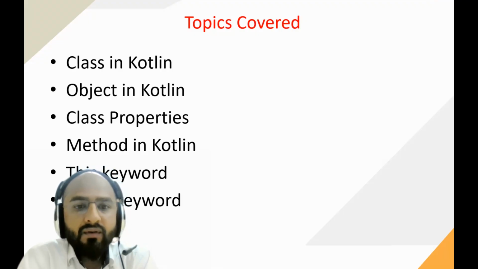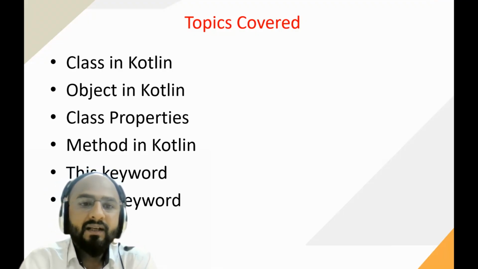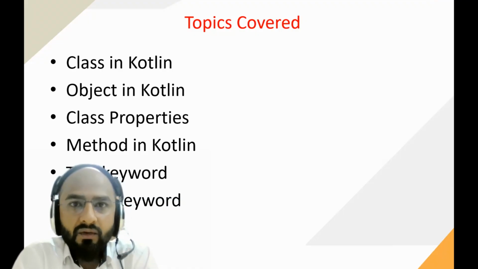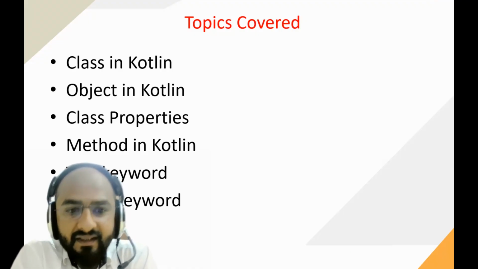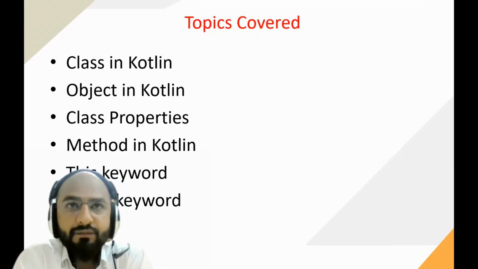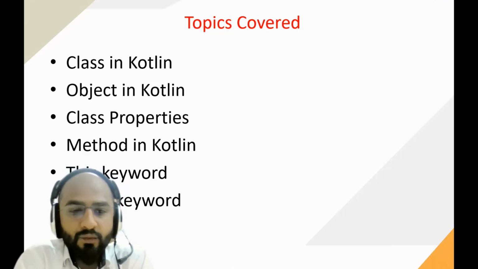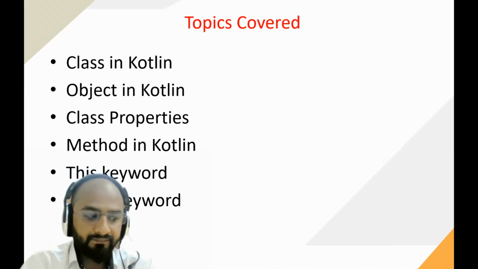Then we will discuss what are class properties and how to access these properties by using the object. Methods in Kotlin, how to create a method of a class in Kotlin. The this keyword will be used to refer to the current instance, meaning the current object, and the super keyword will be used to access the properties of the superclass. That we will cover in today's lecture.